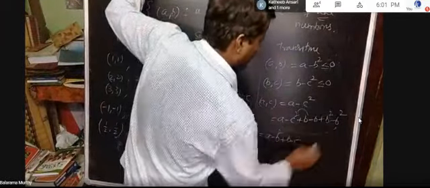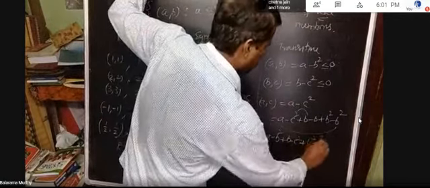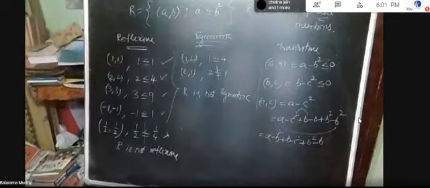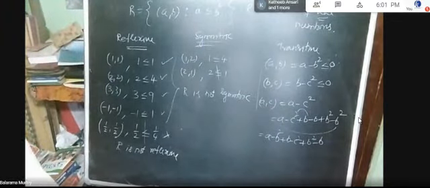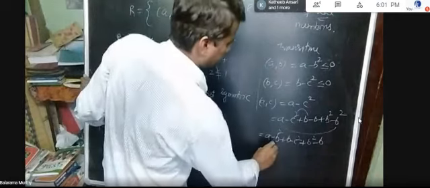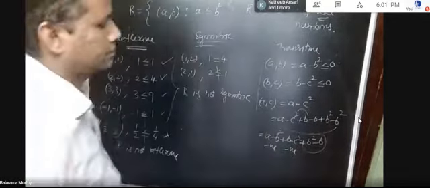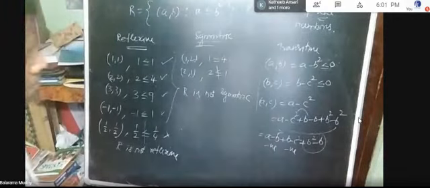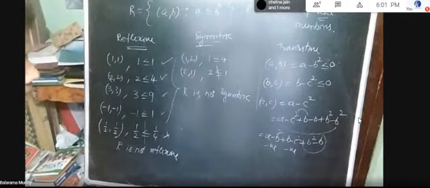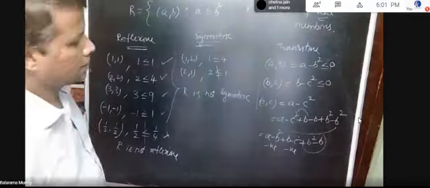So the balance is what we are having here, plus B square minus B. A minus B square is negative, given, and B minus C square is also negative, but we don't know what B square minus B is, which may be any value. We cannot conclude that.